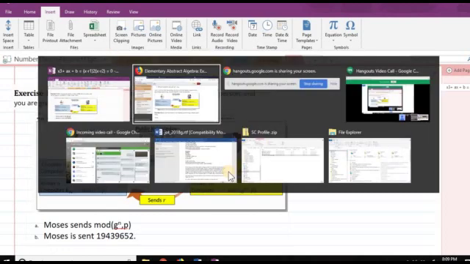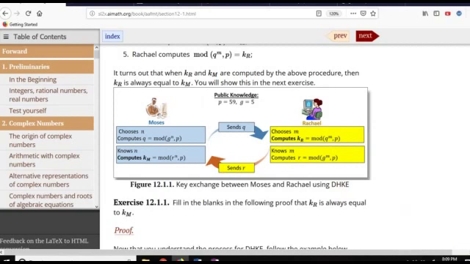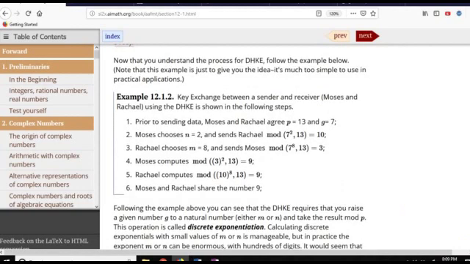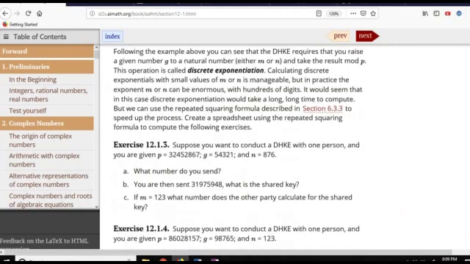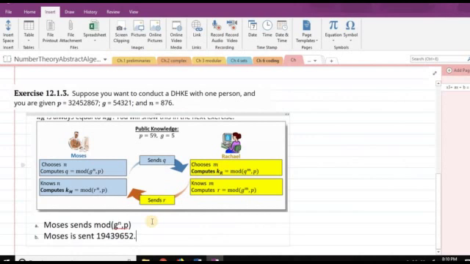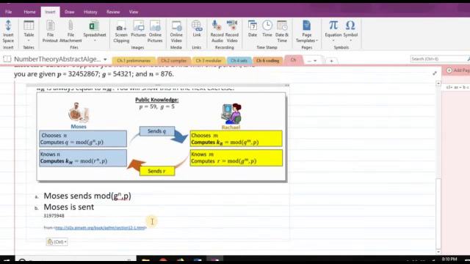What it says in the problem is... that's what he sends, right? Well, that's what you calculate he sent. But he has sent this. Moses has sent this. That's the number that he sent.